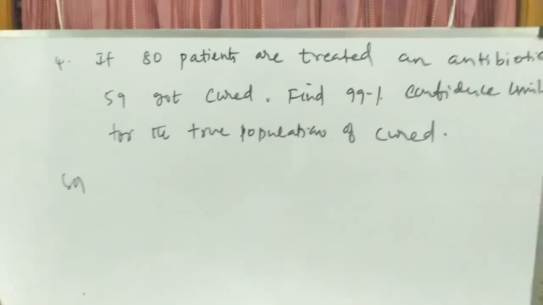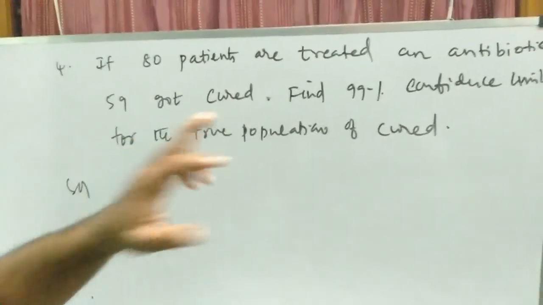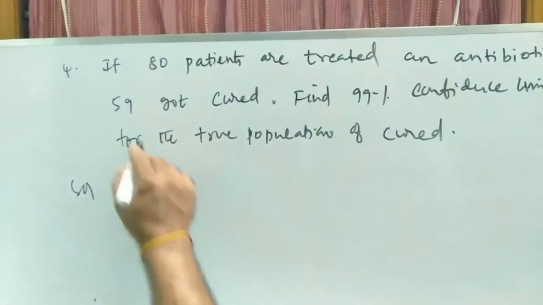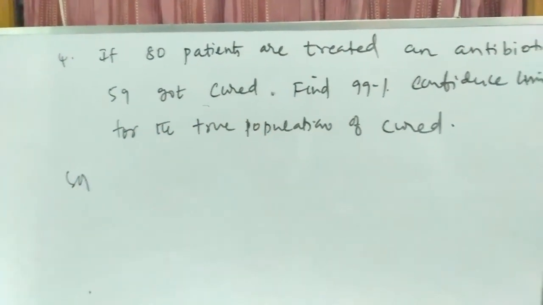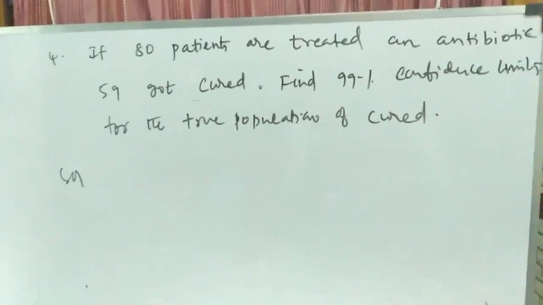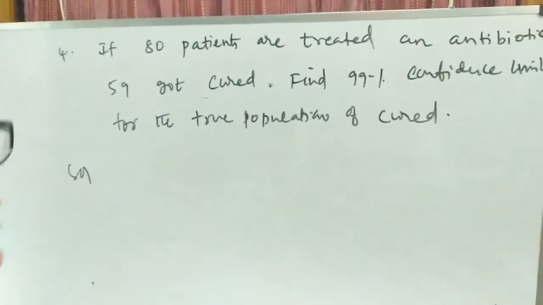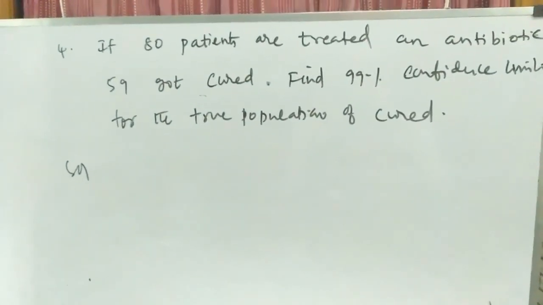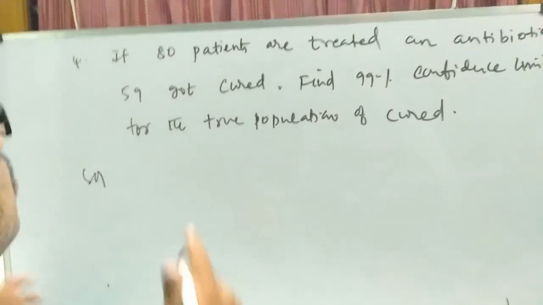Problem number 4. If 80 patients are treated using an antibiotic, 59 got cured. Find 99% confidence limits for the true population proportion for the cured. You have to find the confidence limits like the previous problem.